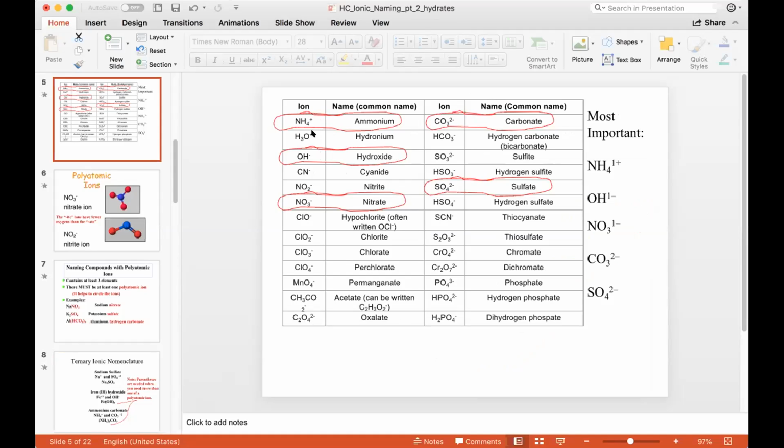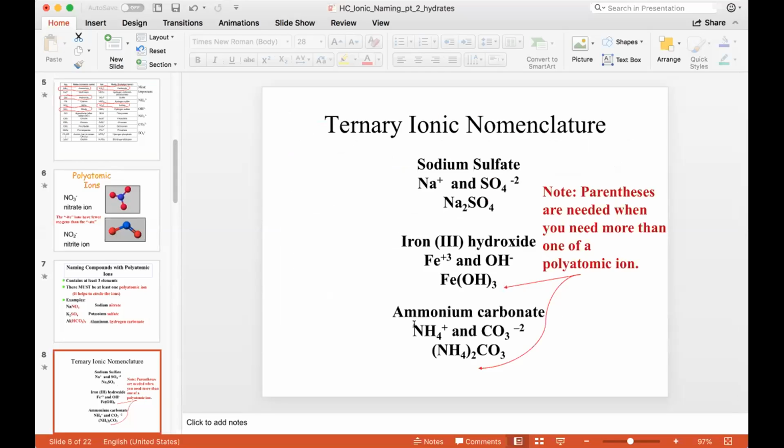But the ammonium and the hydronium both have a positive charge. So it's possible you could have an ionic compound made with ammonium, which is polyatomic, along with a monatomic anion. But in this example, there's ammonium and carbonate.